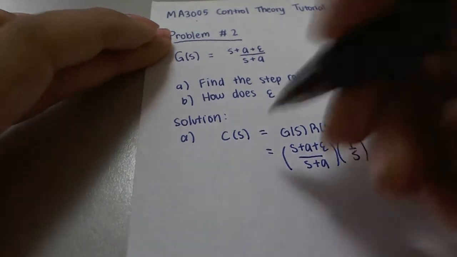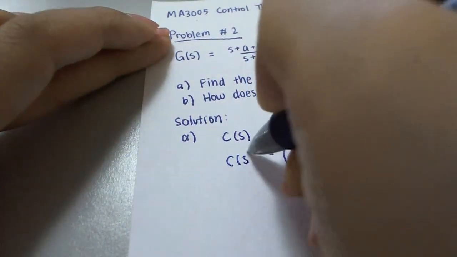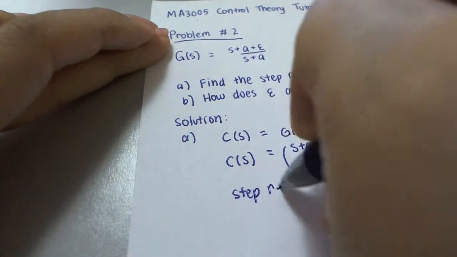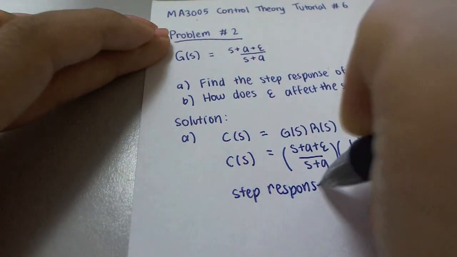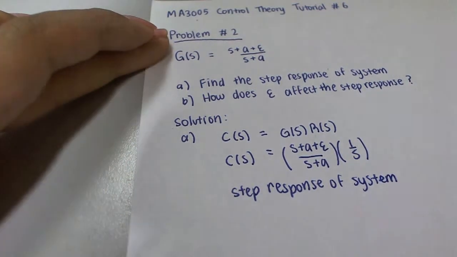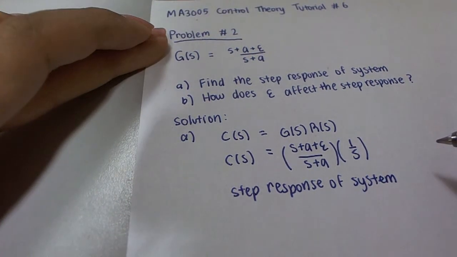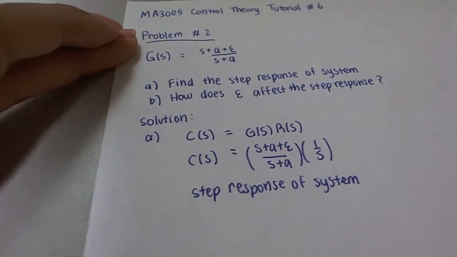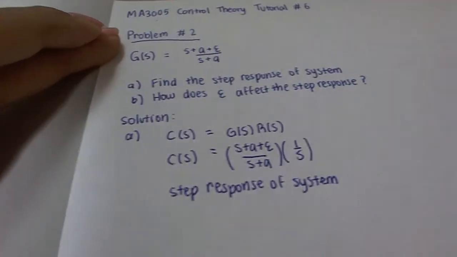So basically C(s) is the step response of the system, and this is different if the question is asking about the step response of a unity feedback system. So please read the question carefully.